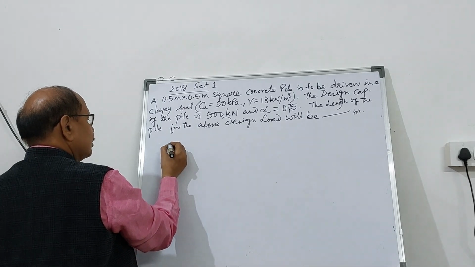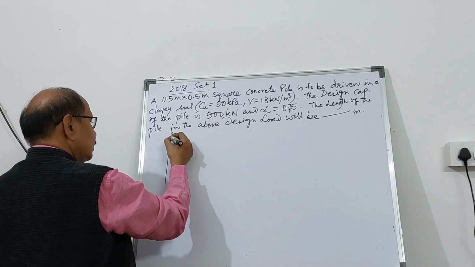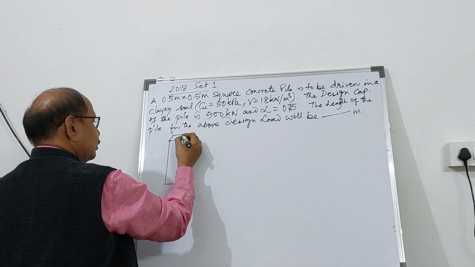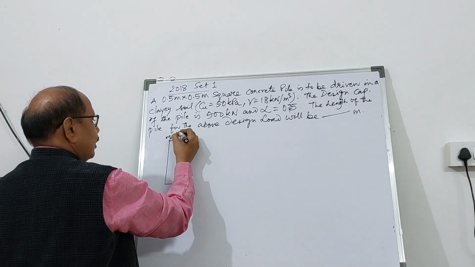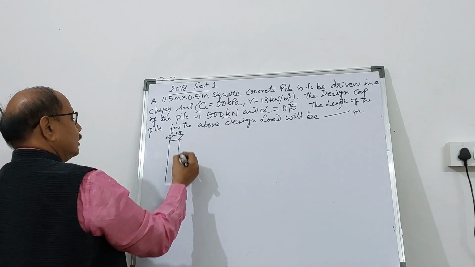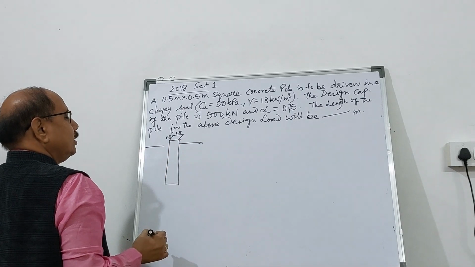The pile is going to be square in cross section. So this is a pile. The cross section is going to be a square 0.5 by 0.5 meter, and this pile is embedded into the ground, right?